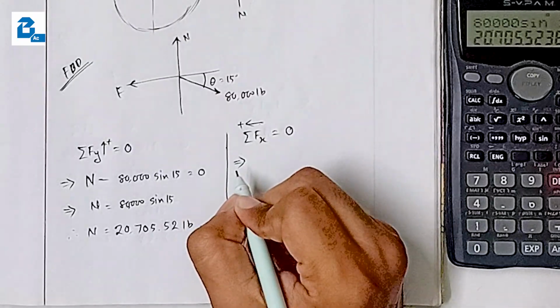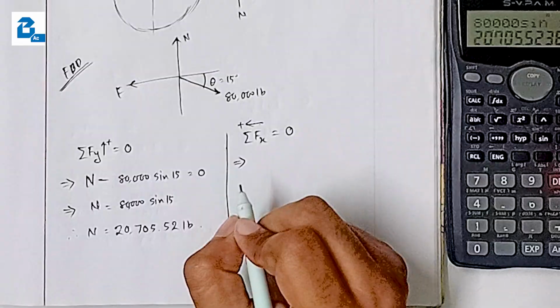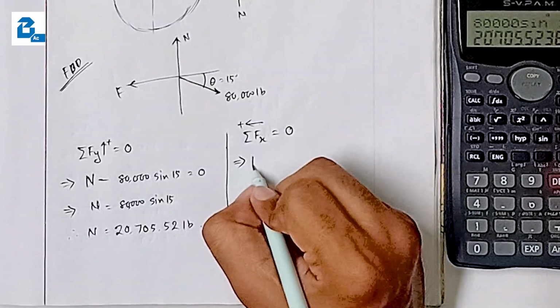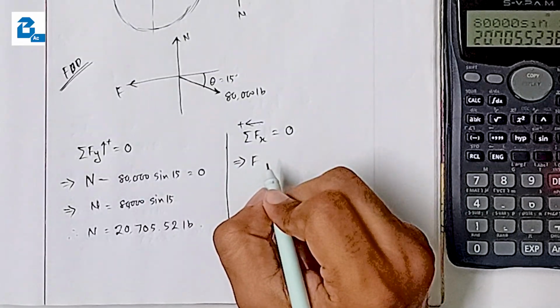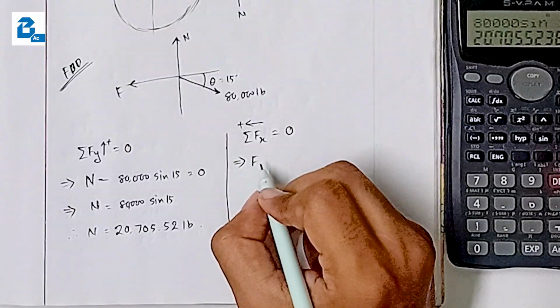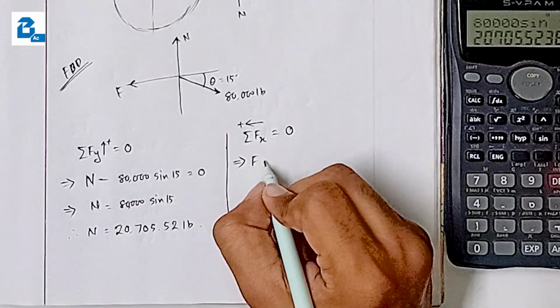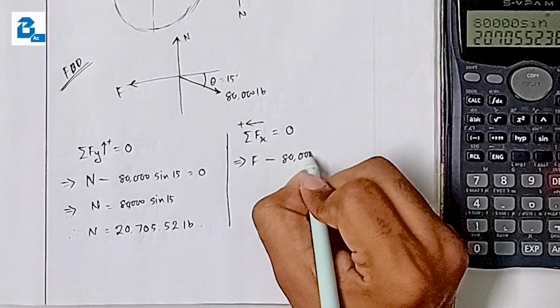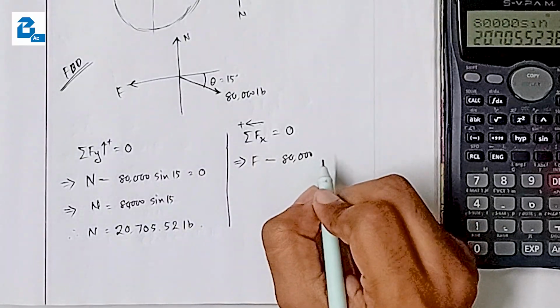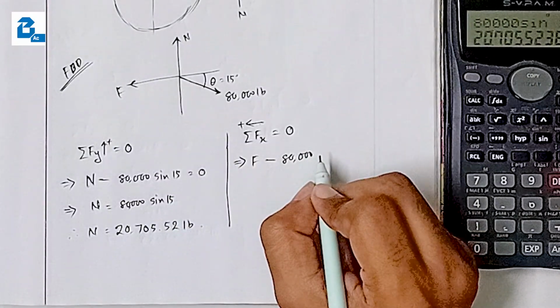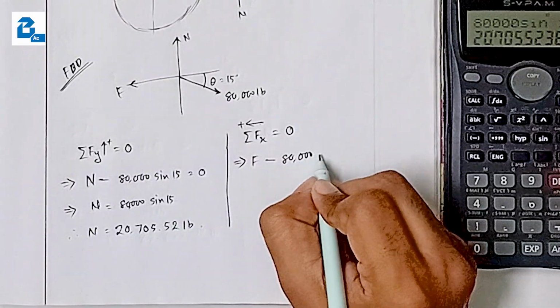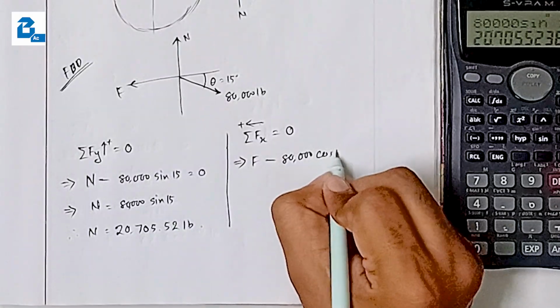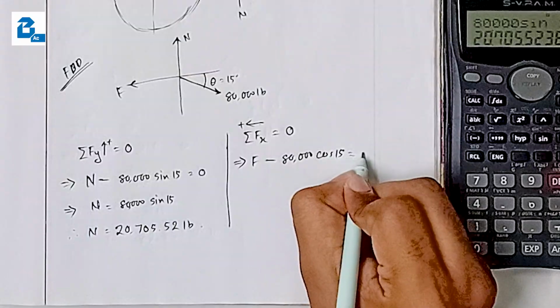Here the horizontal forces are F, and working against it is the connecting rod's force. We will put it in minus 80,000 pound. Since it is working with the horizontal axis at an angle of 15 degree, we will write it as cos 15, equals 0.